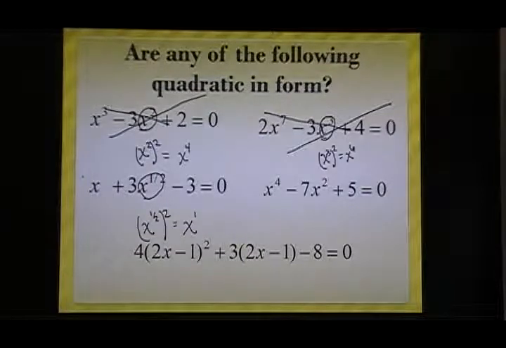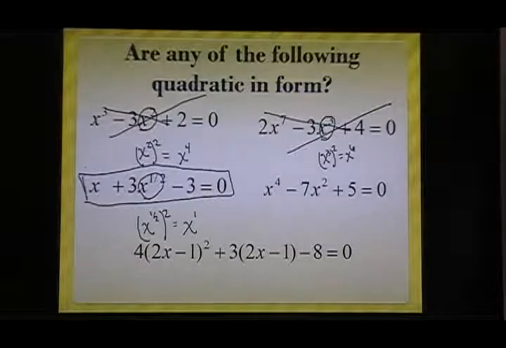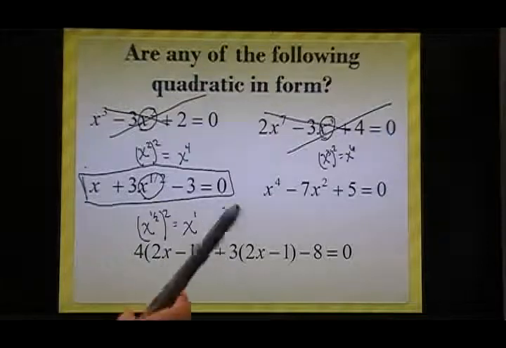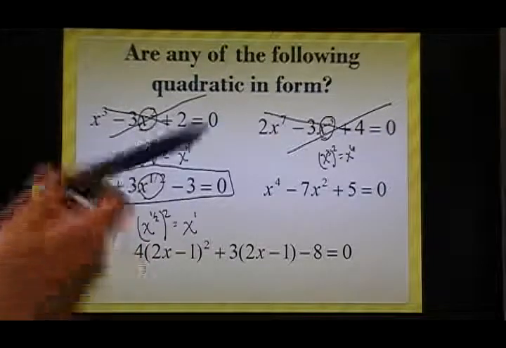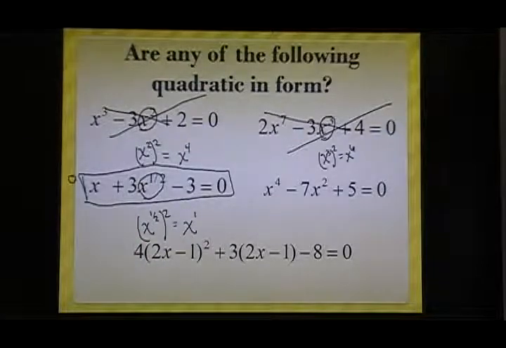Therefore, this equation is not quadratic, since it can't be written in the form ax squared plus bx plus c equals 0, but it is quadratic in form.